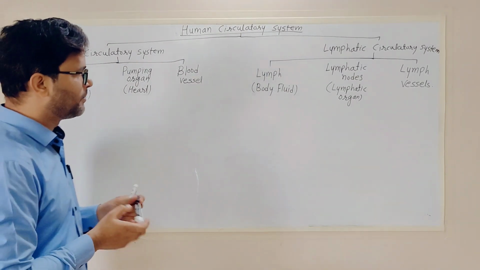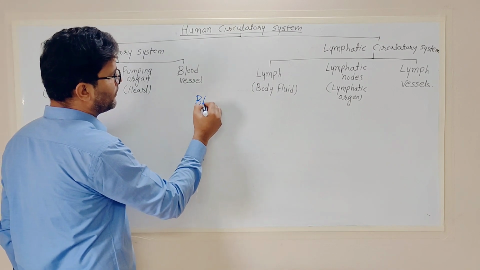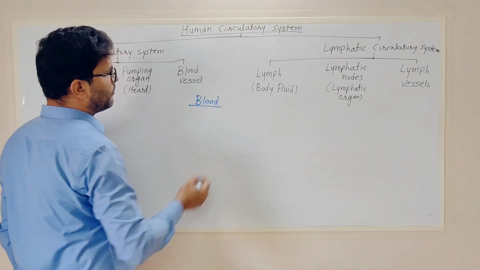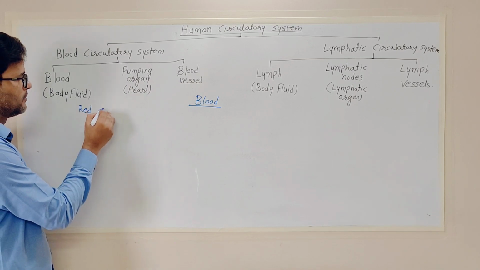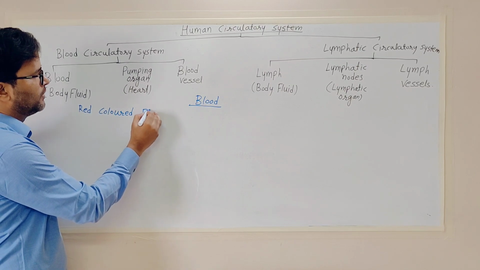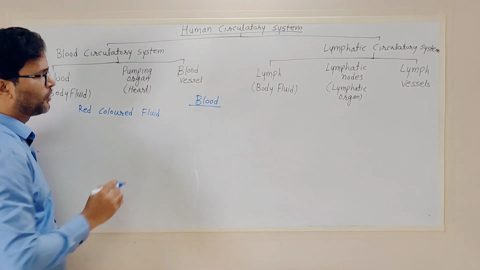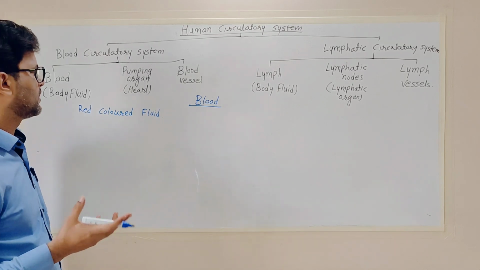So now, what is blood? Basically blood is a red colored fluid. Simple. So what type of structure is it?